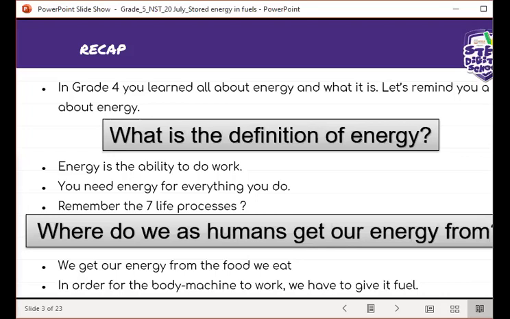And we also know that the plants get their energy from the sun, and I believe that is why most of you said the sun. So the food chain in this case would start from the sun. And then the last bullet says, in order for the body machine to work, we have to give it fuel. This fuel that we're talking about is the food, because food is energy.